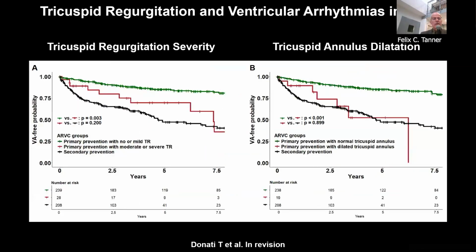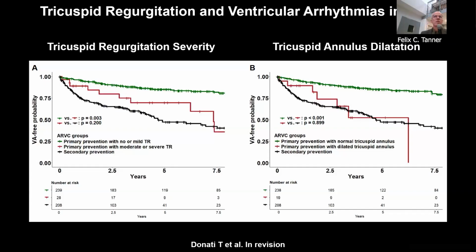And here we look again at tricuspid regurgitation severity, and here at tricuspid annulus dimension in primary prevention patients versus secondary prevention patients. And it's clear that primary prevention patients have a lower risk than secondary prevention patients, because once you have undergone a ventricular arrhythmia, you have a higher risk for ventricular arrhythmia.